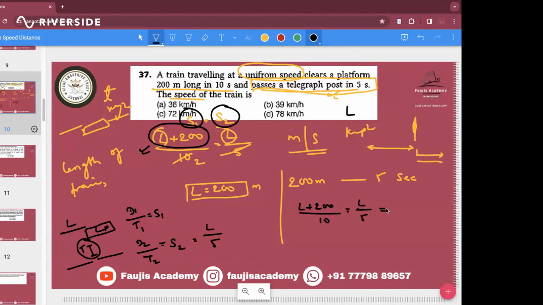Now calculate and tell me the value of L. Is it 200? If you put 200, it becomes 400 divided by 10, which is 40, and 200 divided by 5 is also 40. So the length of the train is 200.